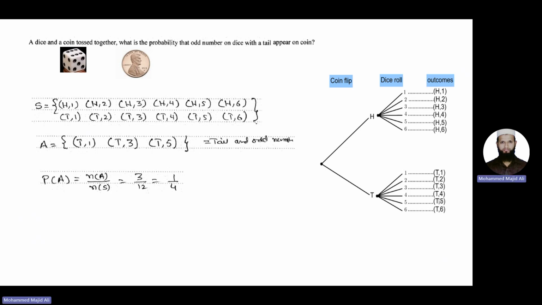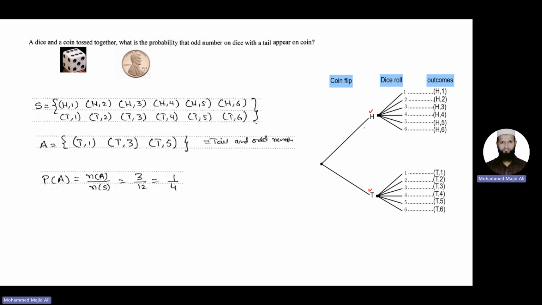You will get 12 outcomes. How? As I said, a coin has 2 sides, head and tail, and a dice has 6 sides.